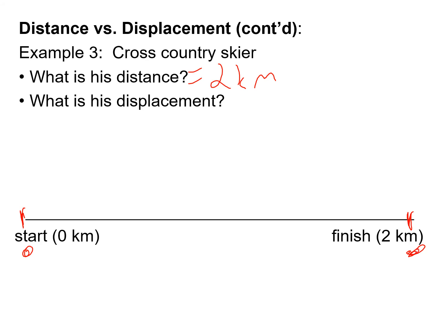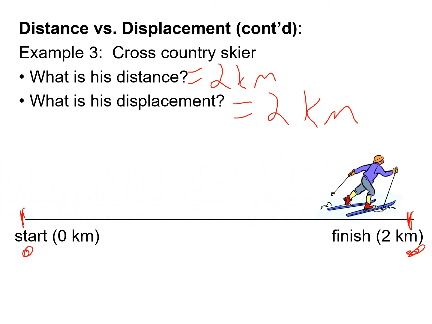Yes. So their displacement is also 2 kilometers. Okay, they started and stopped in different places. So we do see a displacement of 2 kilometers. So distance can be greater than displacement. Displacement can be equal to distance, but displacement is never greater than distance. And distance is a scalar quantity. Displacement is a vector quantity.